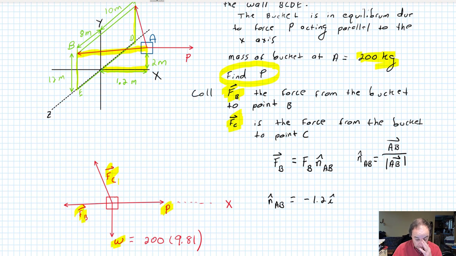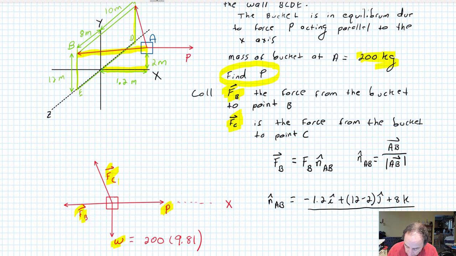Now in the j direction, when you go from A to point B, you're going from 2 meters to 12 meters. So that's 12 minus 2 in the j direction. And then in the k direction, you're going from 0, because this is over the x-axis, out to positive 8. So that's a plus 8k.